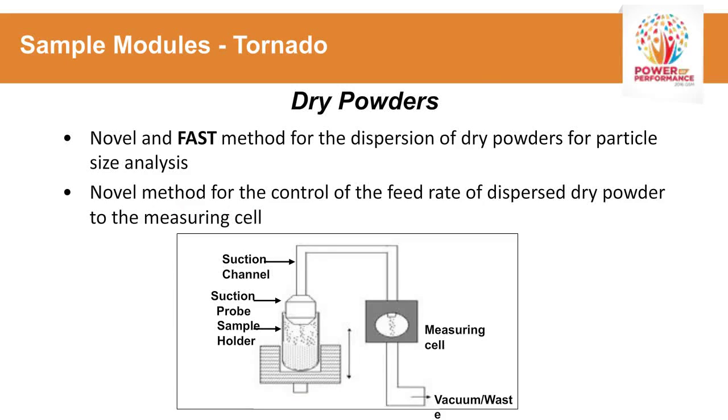And basically, in detail, how it works is you have an up and down platform that the sample module is positioned on. This platform rises and lowers. You have a fixed position suction probe, and then as the platform rises, the powder starts swirling around, and I'll have another picture in a moment, a little closer of the vortex nature that's taking place. But the powder gets pulled up, flows through and down through a measuring cell.